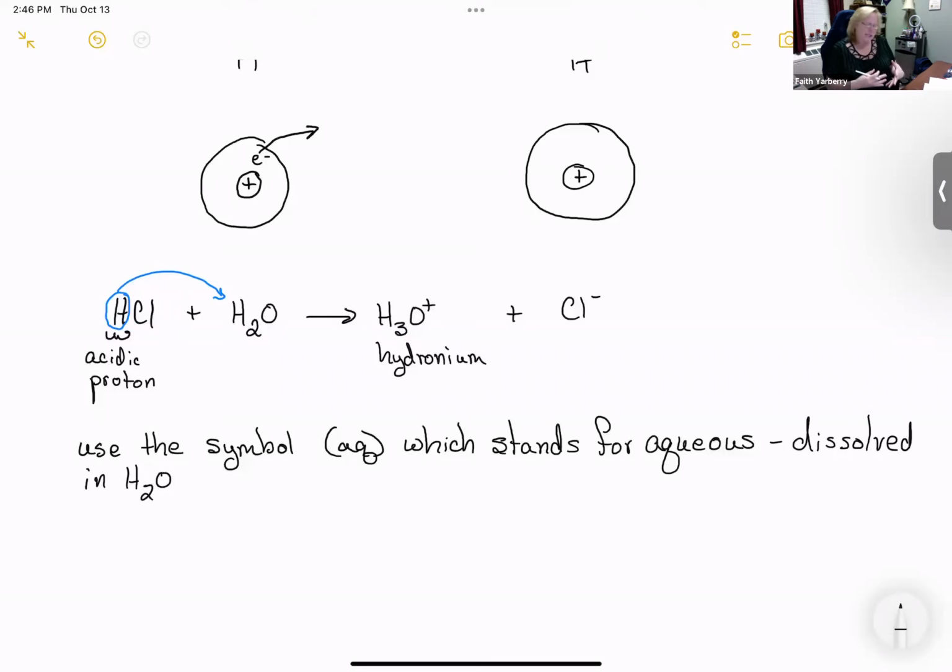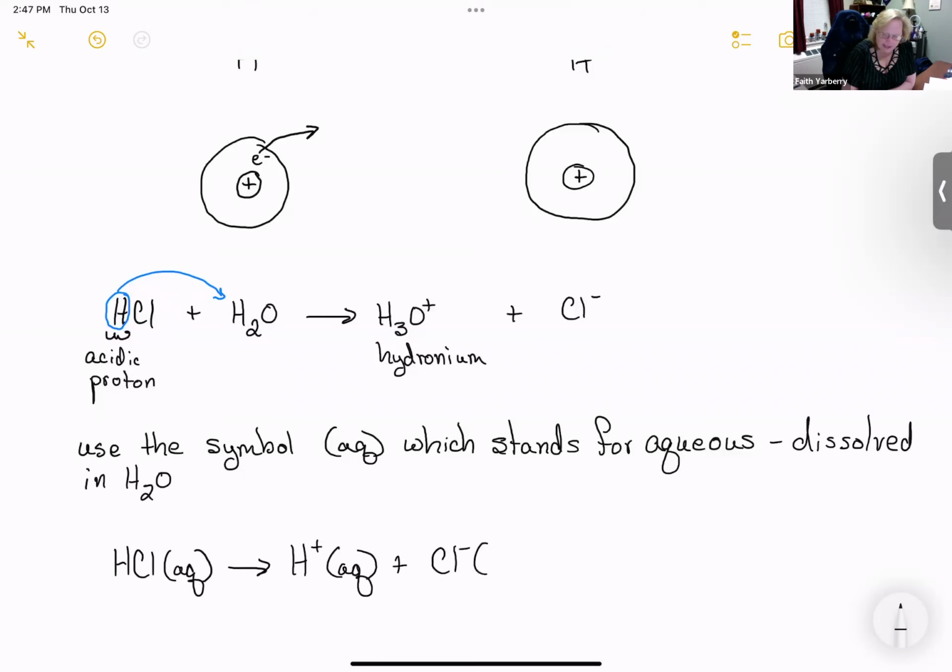So you will see another way of writing this equation, and that is we could write it as HCl aqueous goes to make H plus aqueous plus Cl minus aqueous. These two equations mean the exact same thing, because in the top equation, we're saying that we are dissolving the HCl in water.